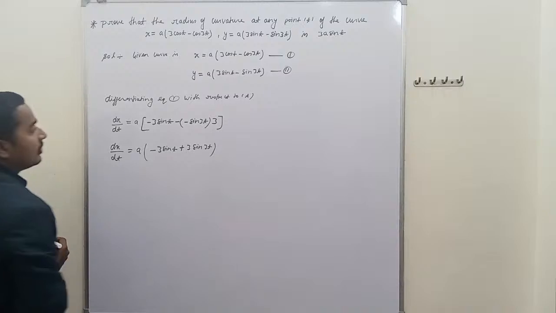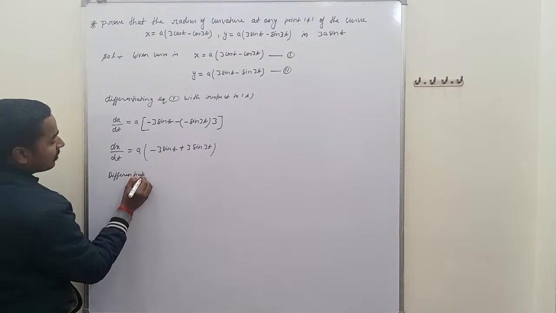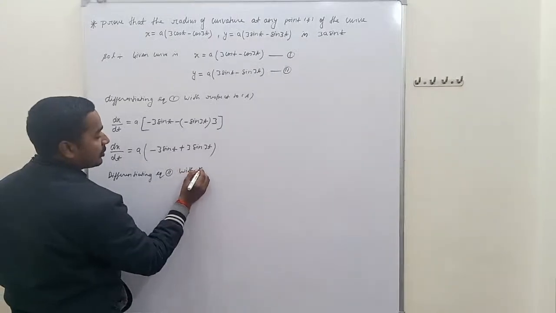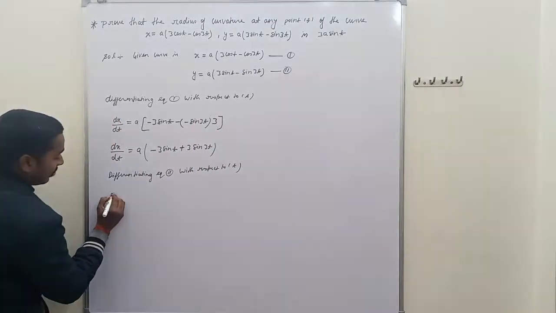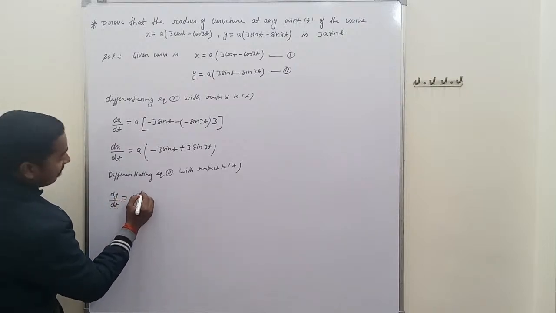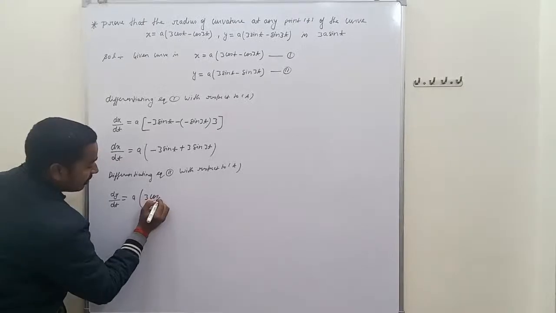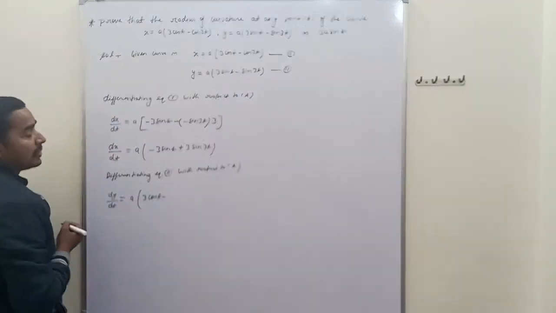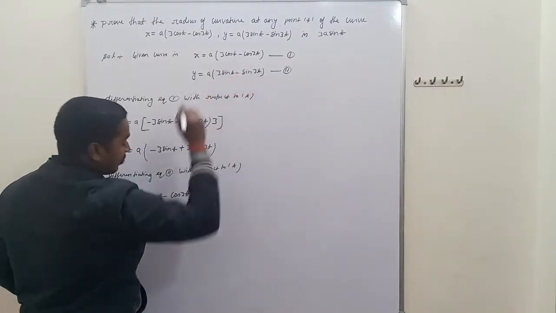Further we have to find, differentiating equation 2 with respect to t, dy/dt = a is taken as constant, and 3 sin t differentiates to 3 cos t, minus sin 3t differentiates to cos 3t, and 3t differentiating with respect to t gives 3.